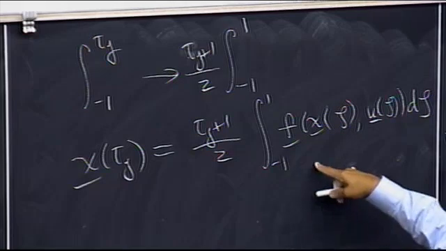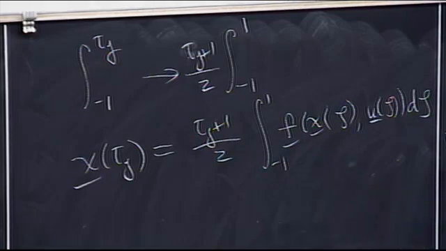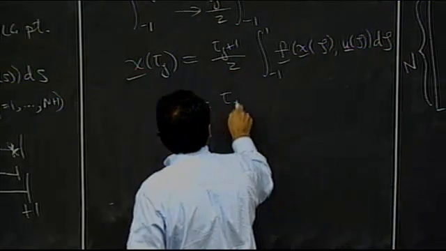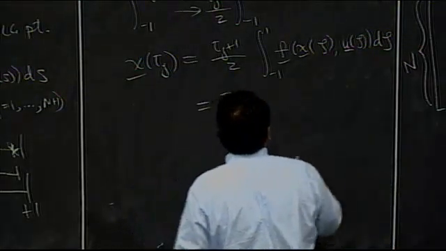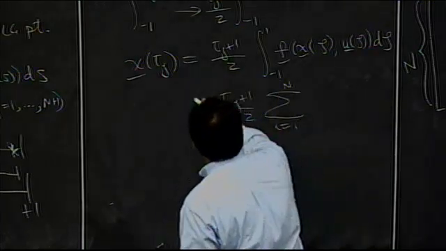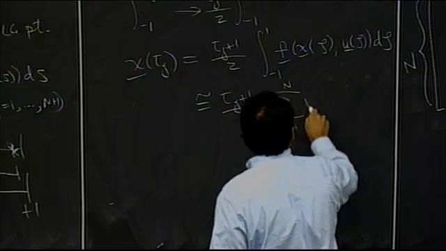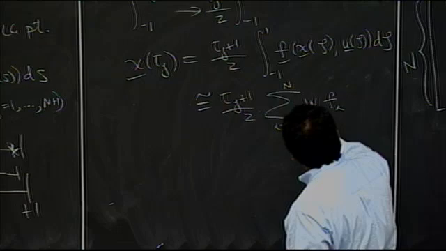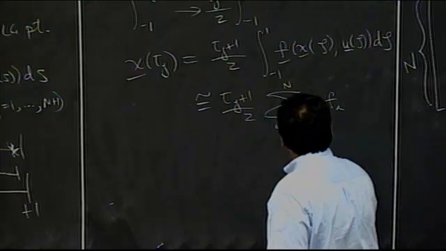And now this can be approximated by a quadrature. I can approximate each one of these by a quadrature. So I get tau j plus 1 over 2 times the sum from i equals 1 to n, so now this becomes an approximation, of w_i f_i, where these are the LG quadrature weights.